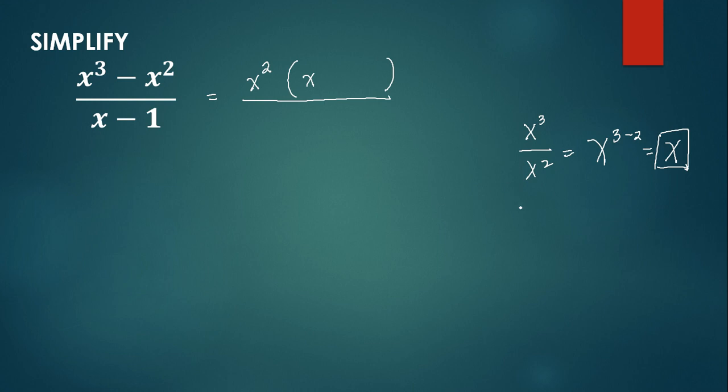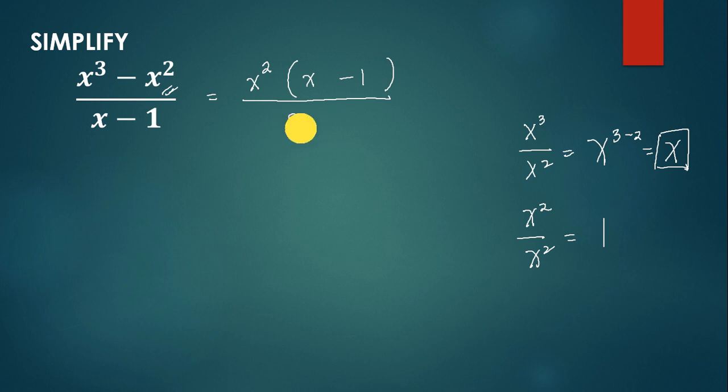And then, we have x squared. Ito na tayo sa second term. x squared divided by x squared, that is 1. So, minus 1. Okay? Then, copy the denominator.